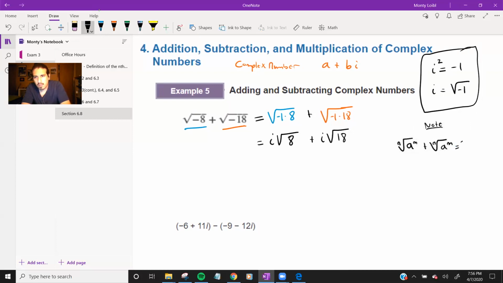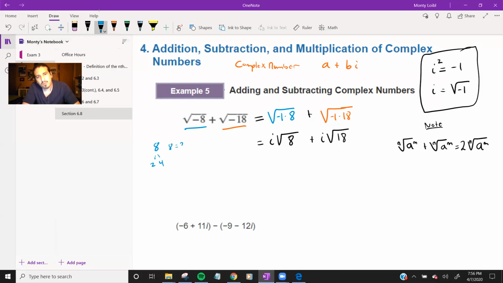I made it look kind of worse than it needed to be, but it's just saying that you can add these two together. It's the idea of it being a like radical. Okay, so we need to evaluate this. Well, remember that 8 is 2 times 4.